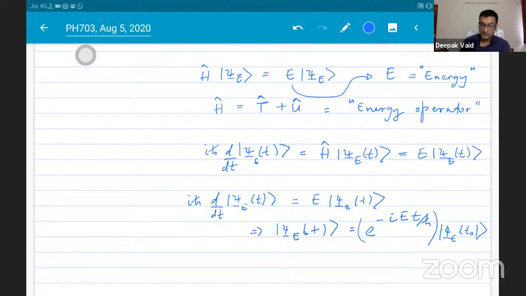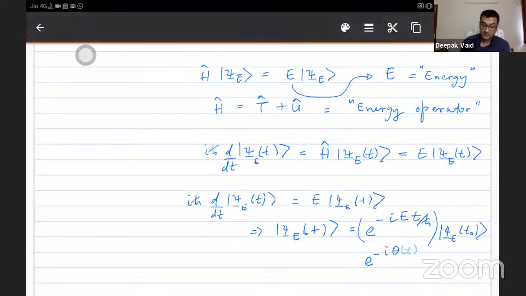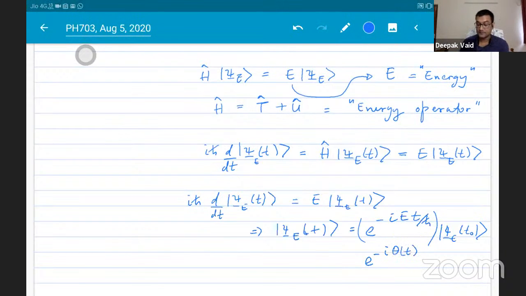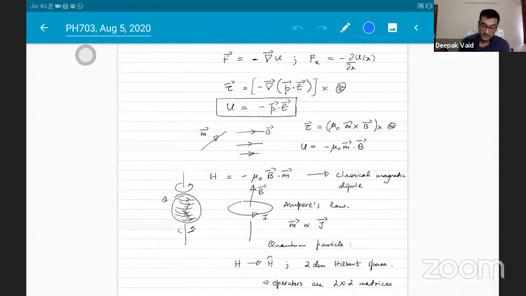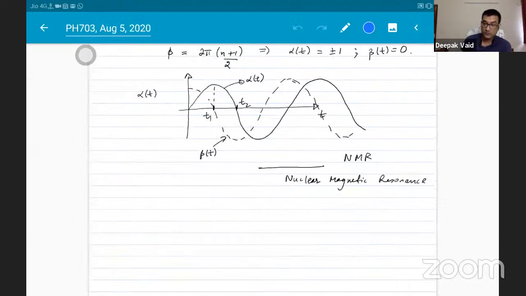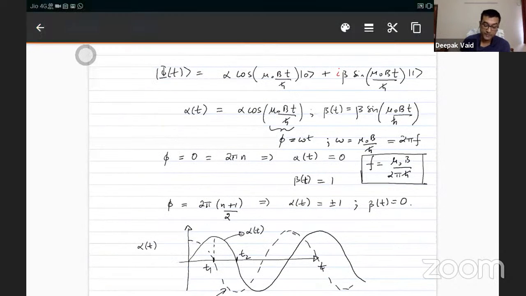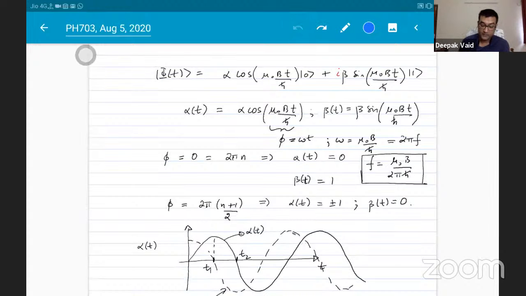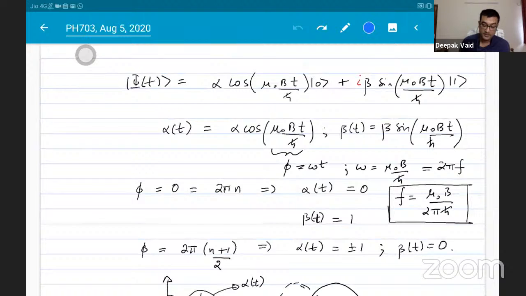So what this tells me is that if I have an eigenstate of my Hamiltonian operator, then it only changes in time by some phase factor, e to the i theta t. Now, this is interesting because we talked about the time evolution of this state phi of t, and we saw that it can be written as a superposition of alpha acting on 0 and beta times 1.